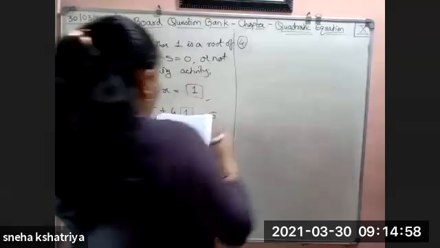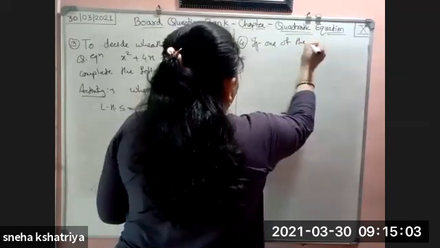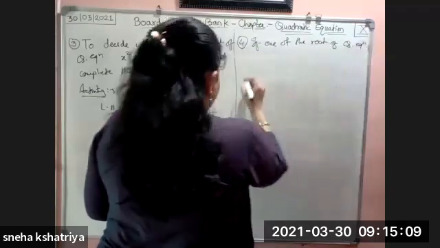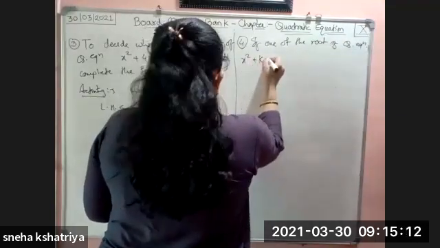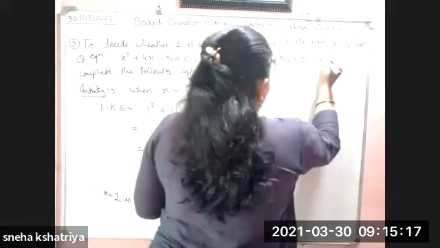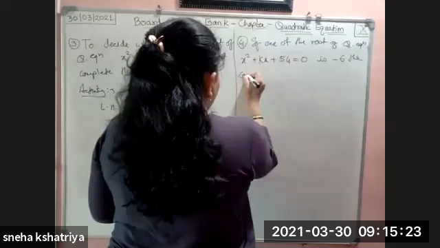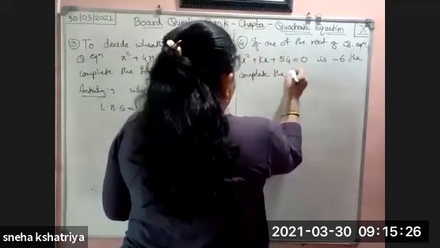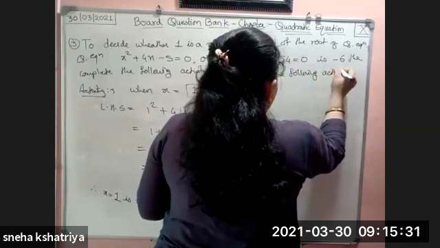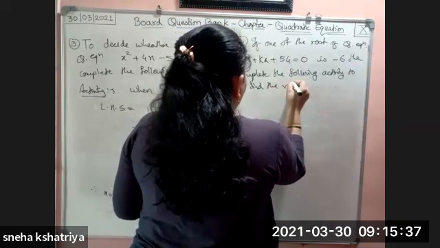Now the fourth one. If one of the roots of the quadratic equation x square plus kx plus 54 is equal to 0 is -6, then complete the following activity to find the value of k.